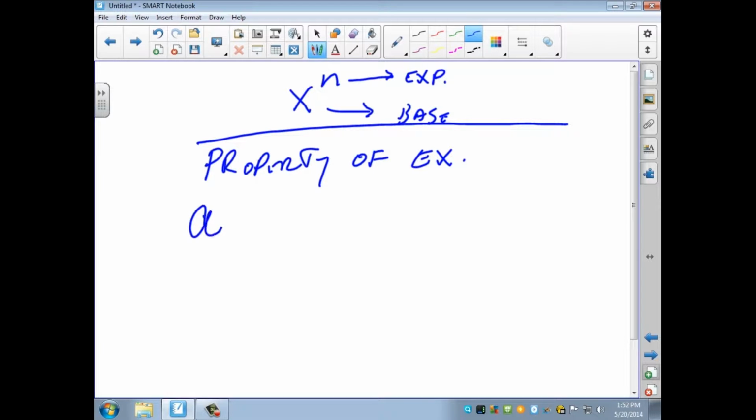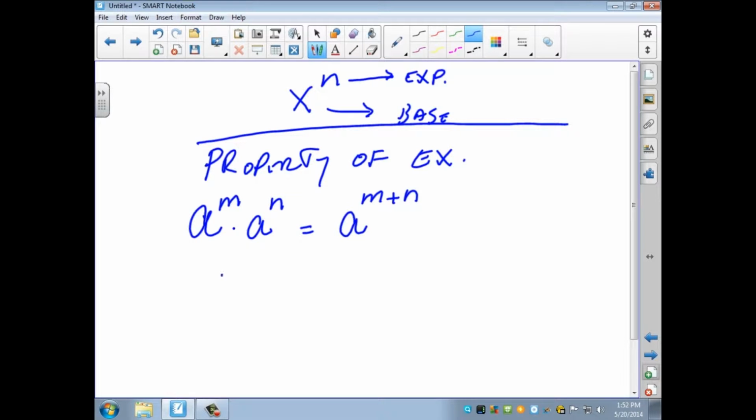The first one says if you have a to the m power multiplied by a to the n power, that would be equal to a to the m plus n. So when they are multiplication and the bases are the same, you just add up the two powers.